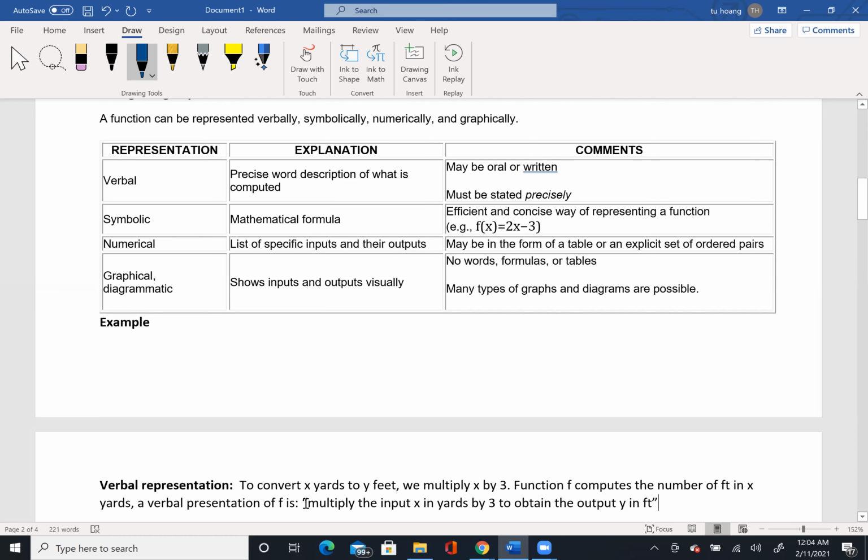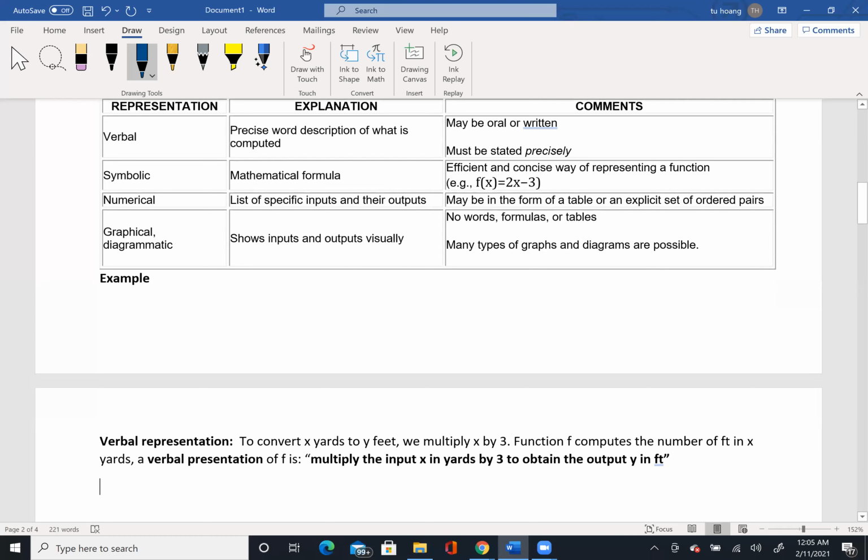So this is the verbal presentation for a function. Okay, so it's just by words. There's no formula at all in here. Okay, usually this is just for you to state a function.